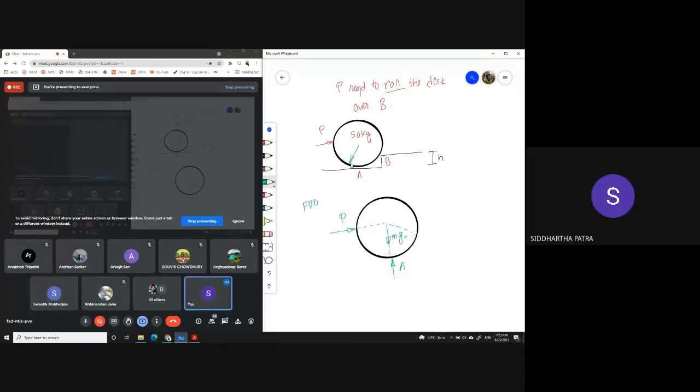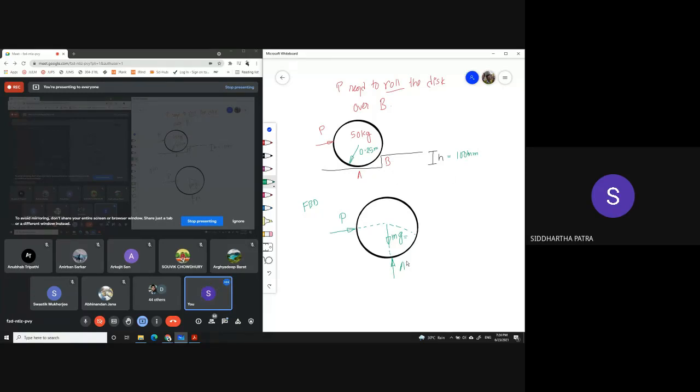Yes, but it's not just radial. Let me explain. Let's say the radius is 0.25 meter or 250 millimeter, and h is 100 mm. So let's say these are the dimensions.